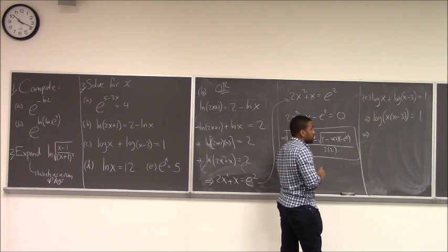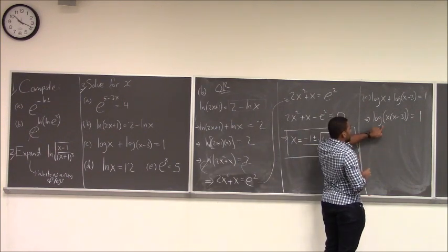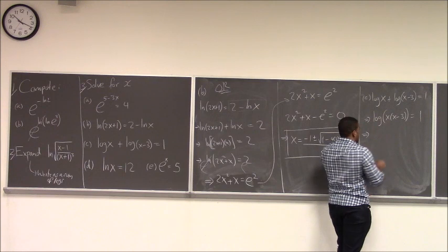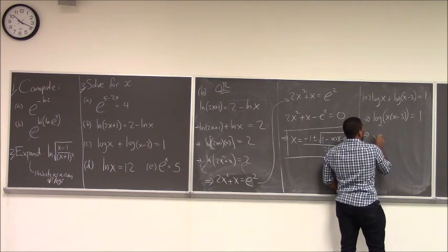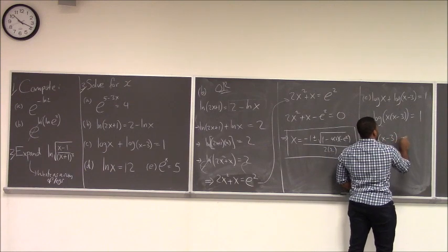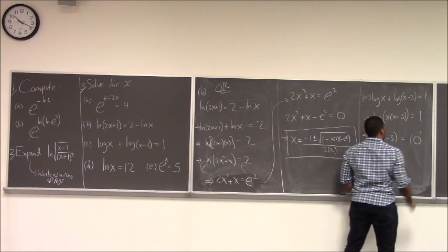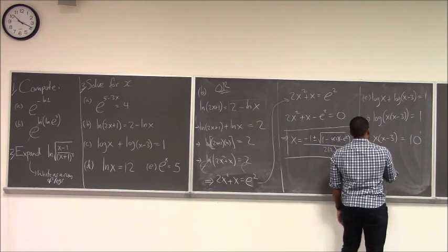You can distribute the x in if you want to simplify that, but I also just made it 10 to the 1 equals x times x minus 3. Remember when it's not written, our notation is you should imagine that there's a 10 here. So we can use that rule where this is x times x minus 3 equals 10 to the 1, and expand that.